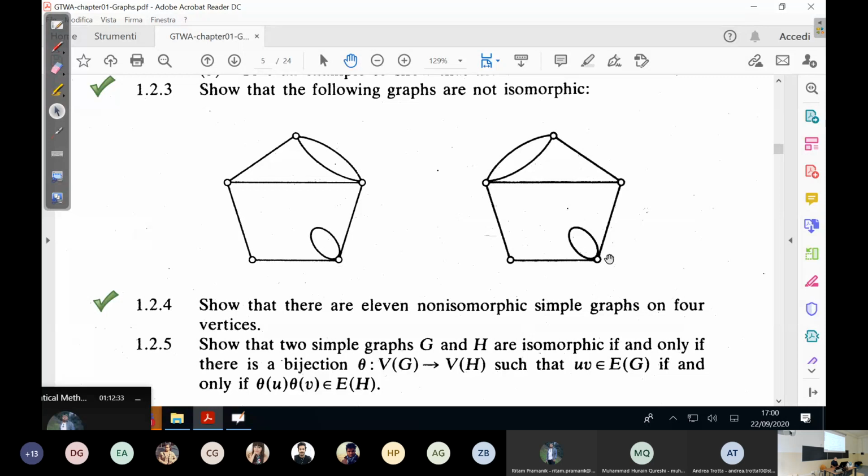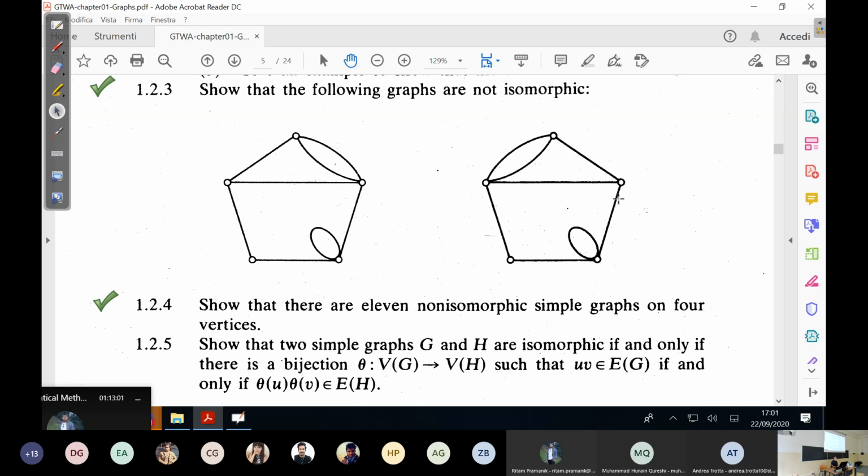But here, the end of the loop and both ends of the multiple edges are not adjacent. They are not ends of the same edge. So it is not possible because these two constraints should be verified, but it's not possible.